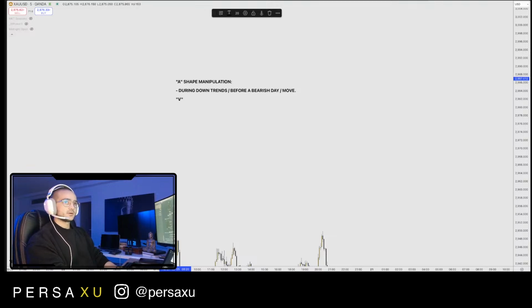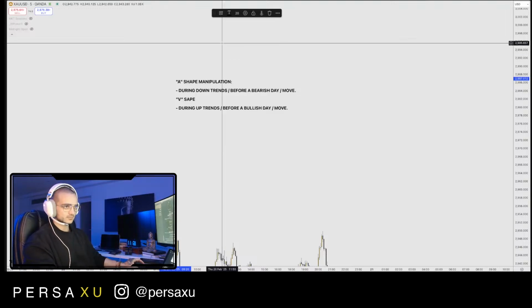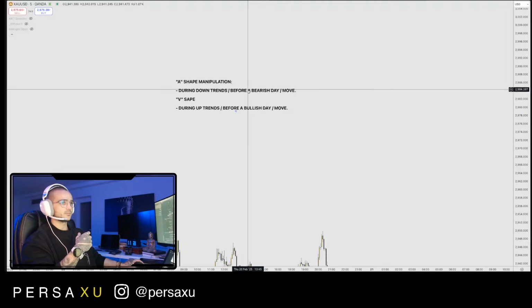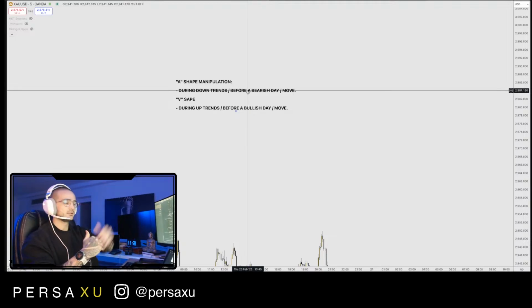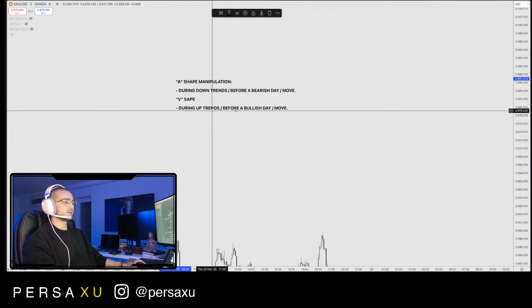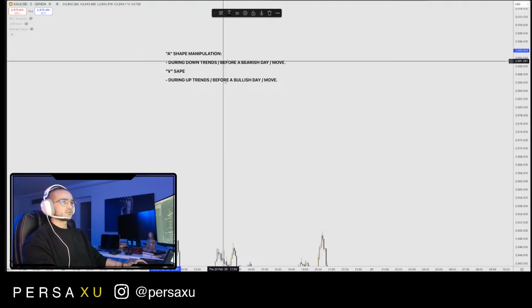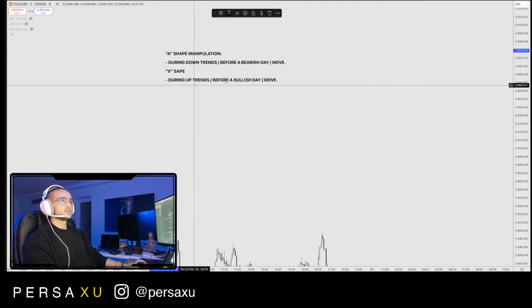And then the V shape, obviously, I'm going to look for it during uptrends or before a bullish day or move. Notice I'm saying move. It doesn't mean it's going to occur throughout the whole day. It can happen, but you will see that it's not always the whole day, depending on the time frame. So we got these A shapes during downtrends or before a bearish day or move, and the V shape.